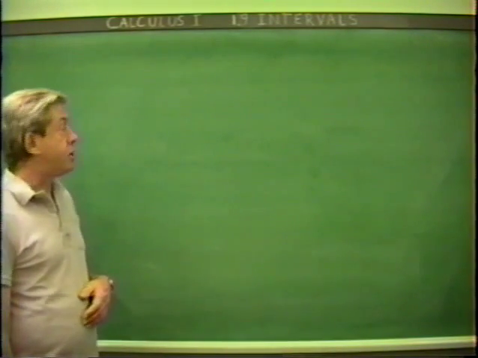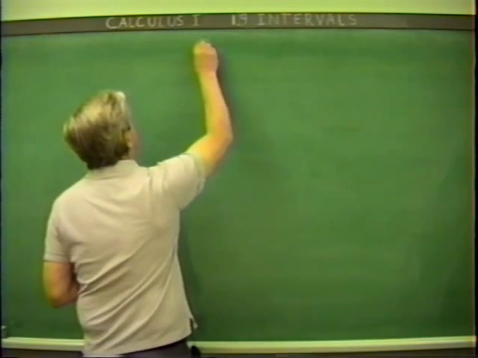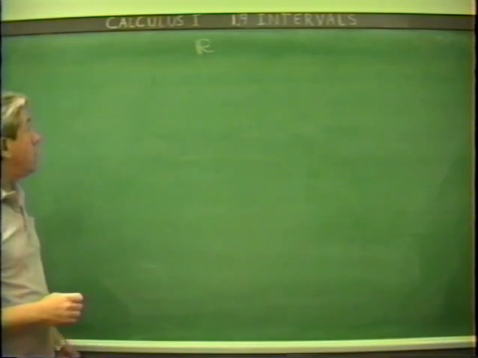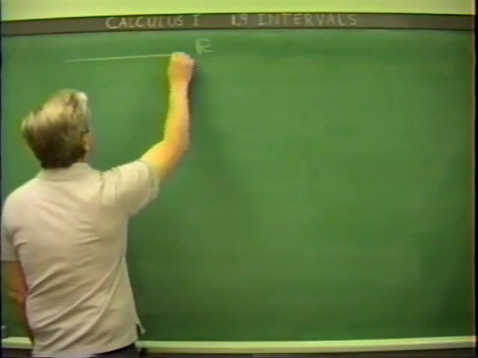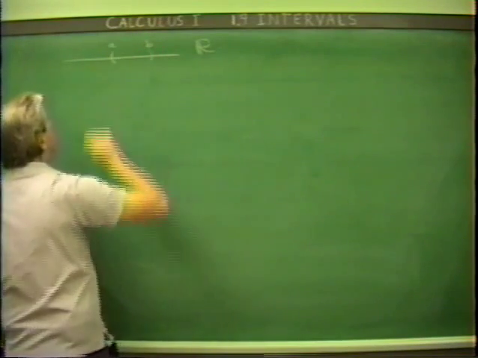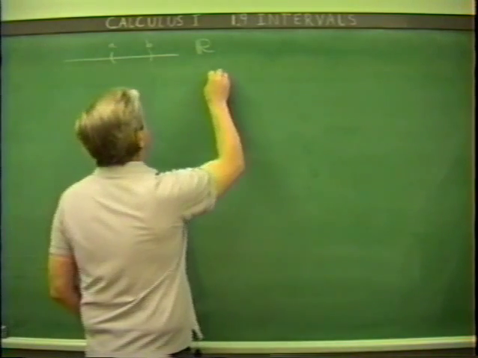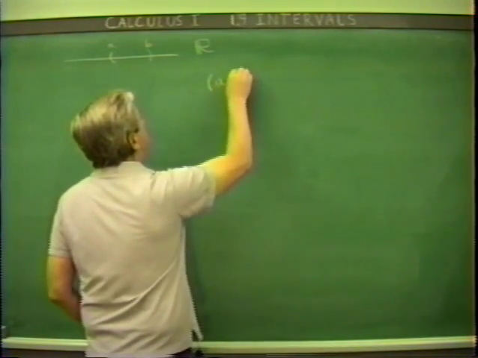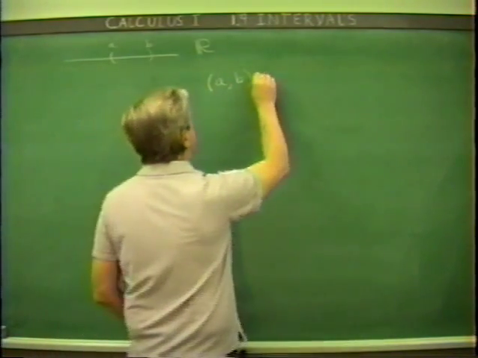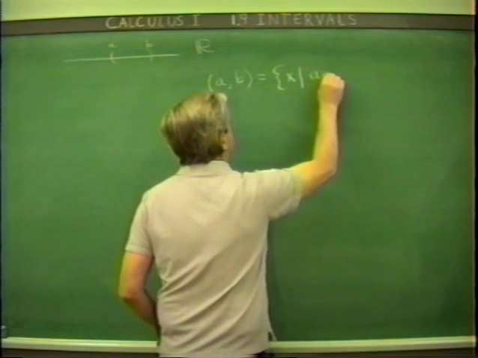Certain subsets of the real numbers occur frequently as collections of solutions to certain problems, and these are called intervals. We write the real numbers as R here, and a given collection of numbers between two numbers, here A and B, if we want the ones that are strictly between A and B, is written as A comma B with rounded parentheses around it, and read the open interval AB.